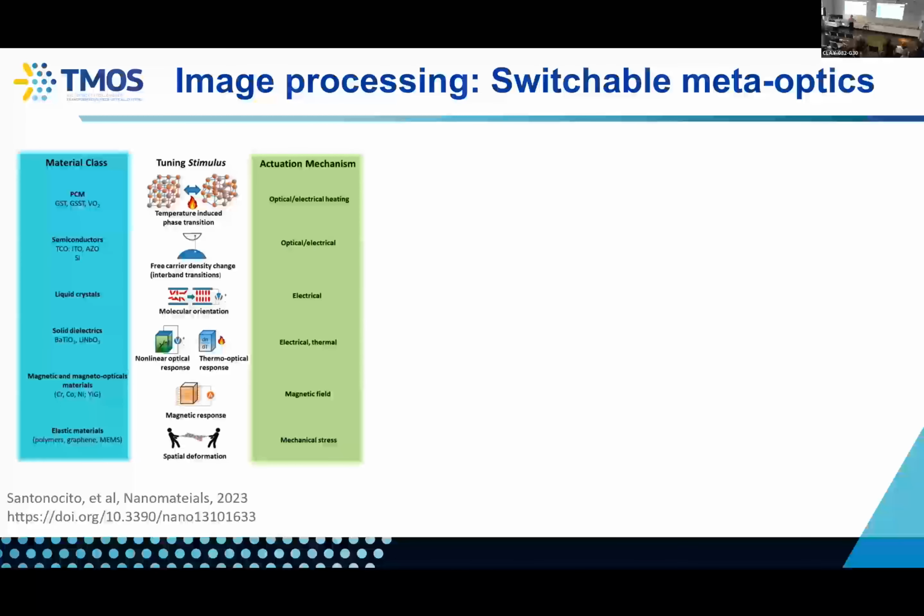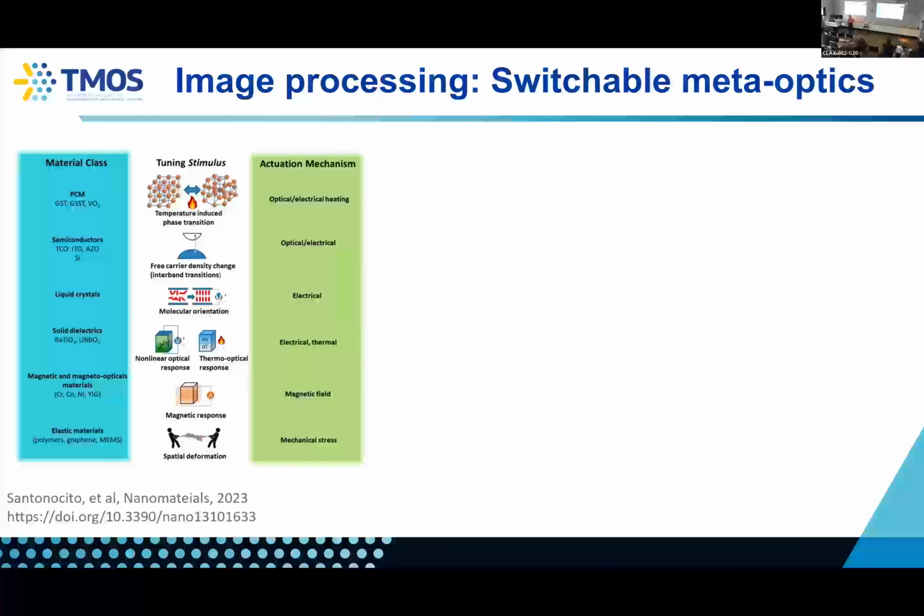So I mentioned before the power of being able to change the operation performed by the metasurface without having to take the device out and put it back in. Those of you who've done things like differential interference contrast microscopy would be aware that to change the modality from bright field to phase contrast, you need to put a bunch of elements in there and fiddle around and generate your contrast.